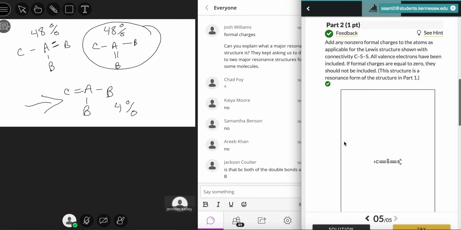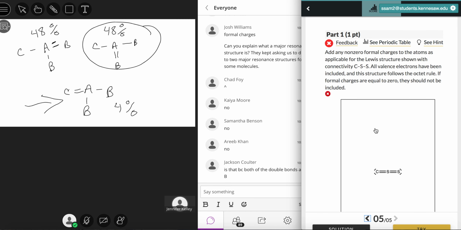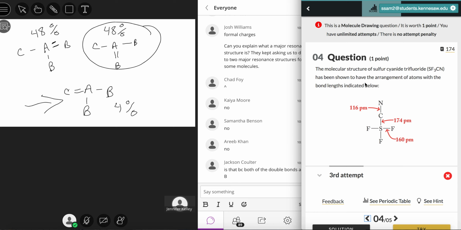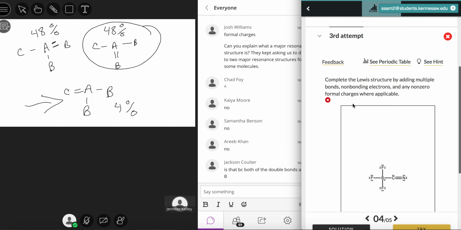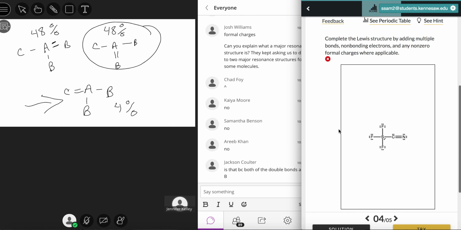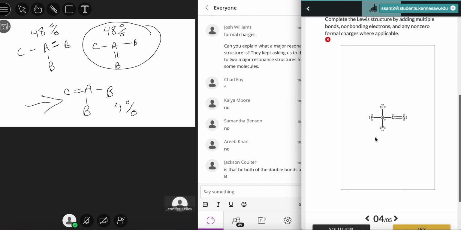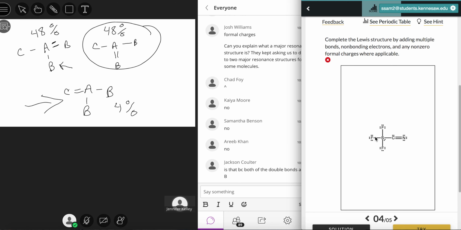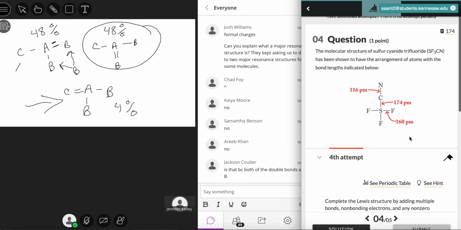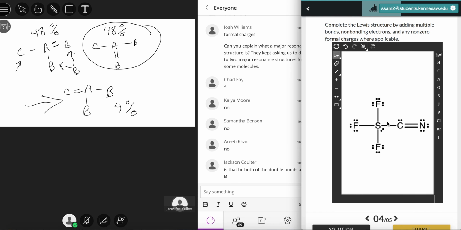Yes. So in this imaginary case, B does not stand for boron here, and C is not carbon, but is just some generic atom. My generic atom that's more electronegative is B, and the less electronegative one would be C.